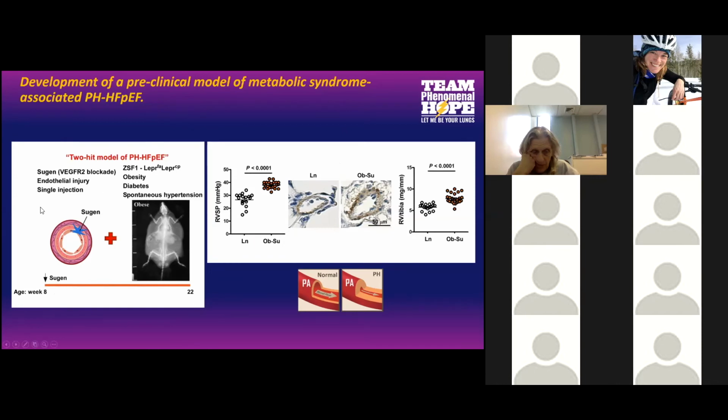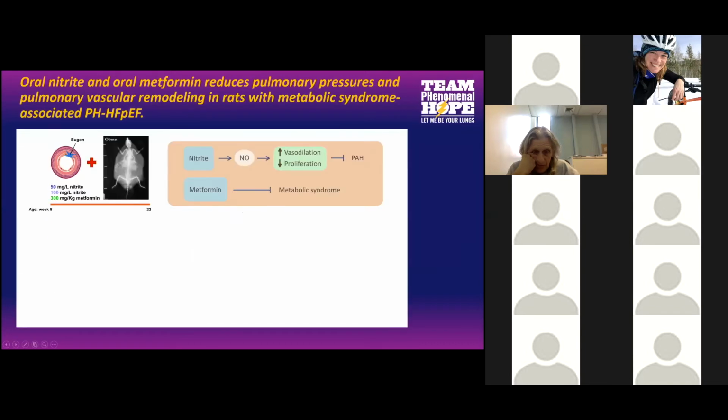So using this preclinical model, we tried to test different drugs. So far, we have tried 5 different drugs already. Today, I'm going to show you the first 2 drugs that we tried at the very beginning. The first is nitrite, which can be metabolized to nitric oxide, a potent vasodilator.